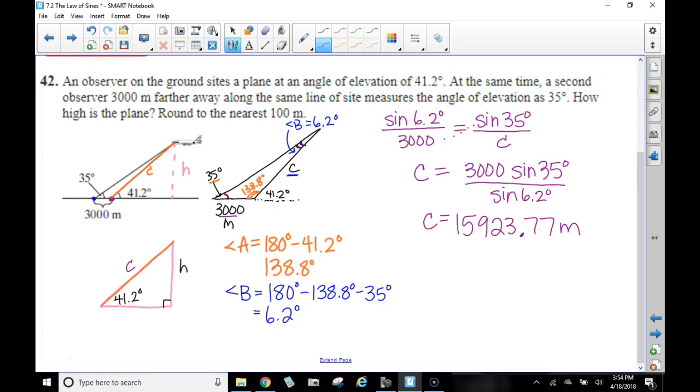Now, that's not my answer yet. That is this orange segment C. So what I found here is that the hypotenuse of my right triangle is 15,923.77 meters. And now I've got enough information to solve for H, to find the height of that airplane.